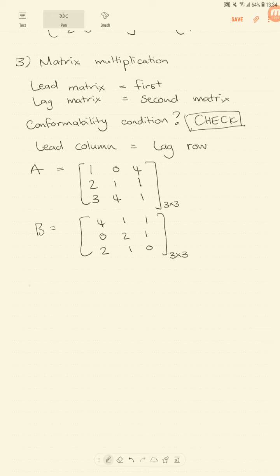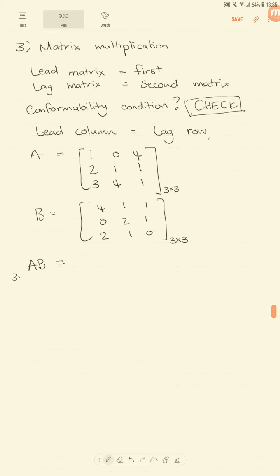So first, if we want A times B, we need to check the conformability condition. So is the lead, which is A, column, which is 3, equal to the lag matrix B, row, which is 3?